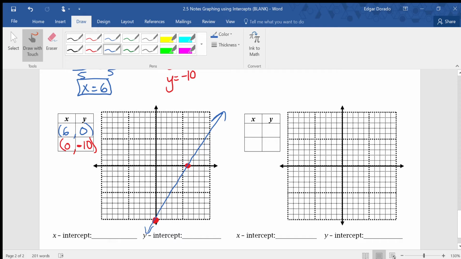Not great, but not horrible either. All right, so always remember to draw your little arrows at the very end. This is a line, it does go on forever. All right, so I'm just going to rewrite my x and y intercepts, and we should be good.